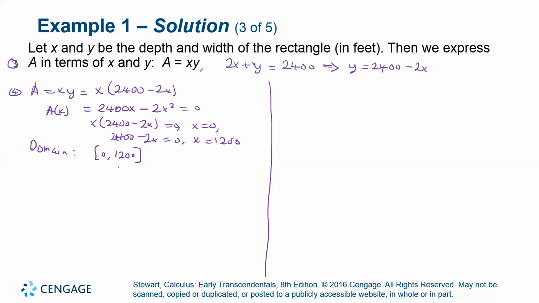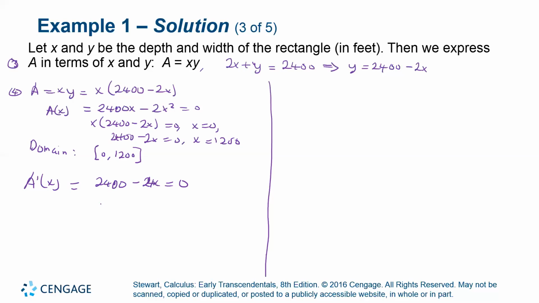Now, since it's a closed interval, I can find the critical value. So first, let's differentiate A: 2400 minus 4x, and this is actually 4x, equal to 0.